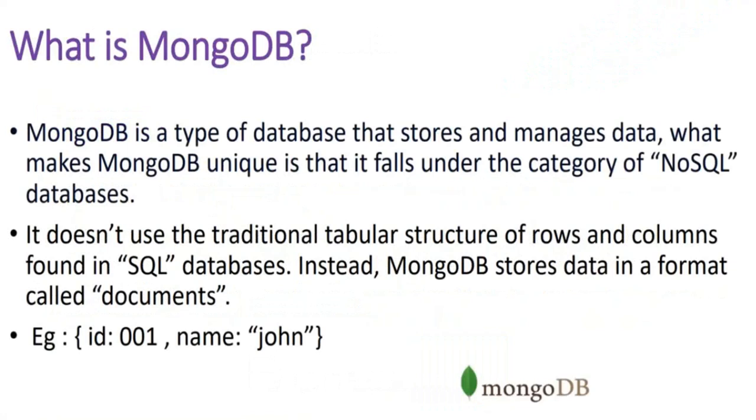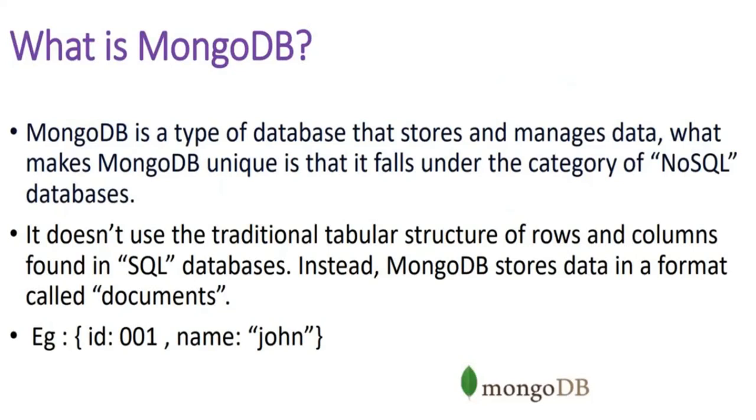When we come to MongoDB, it is a database where we can store and manage the data, and it is very unique when compared to SQL because it uses the concept of NoSQL, where SQL is a simple query language which uses tabular rows and columns in the database in the backend.